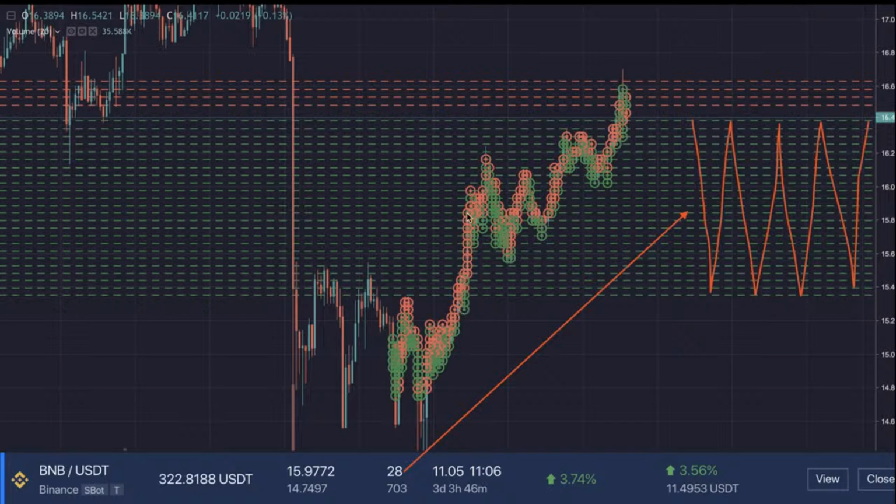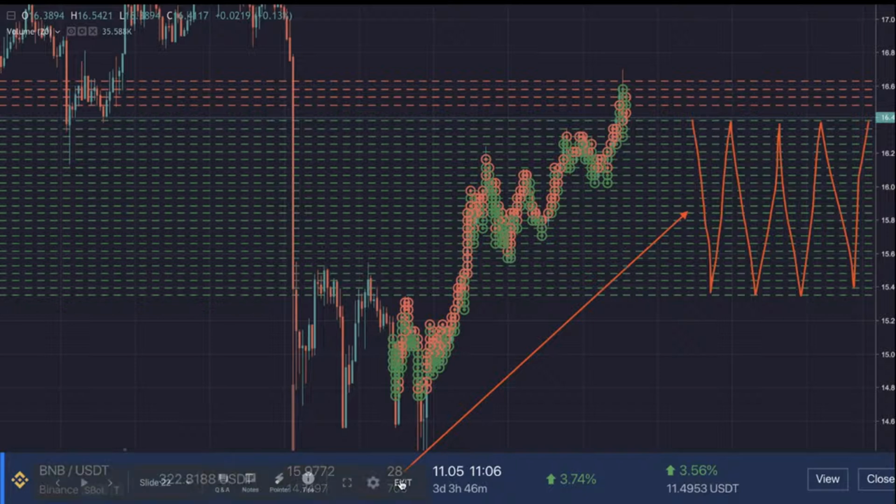So the upside momentum was so intense that I didn't have enough downside price swings so that my grid levels would be triggered.